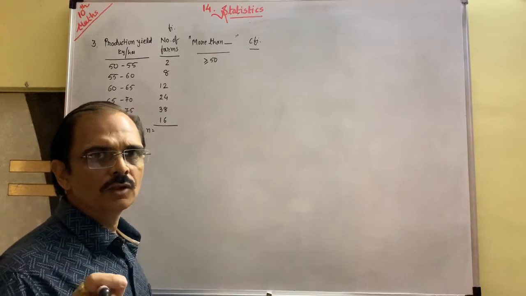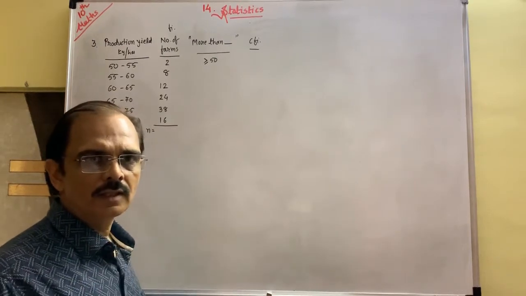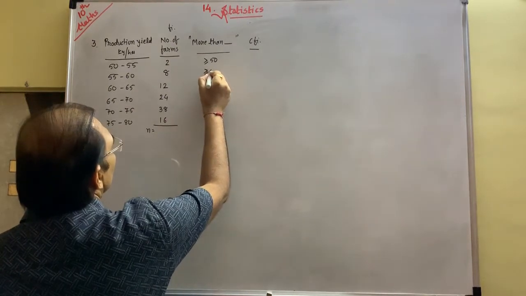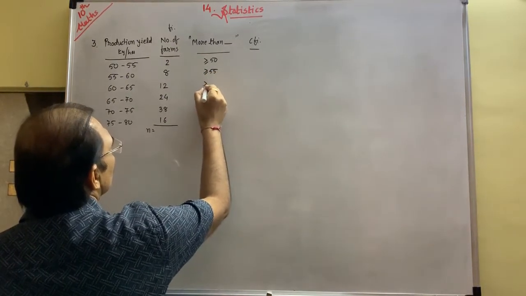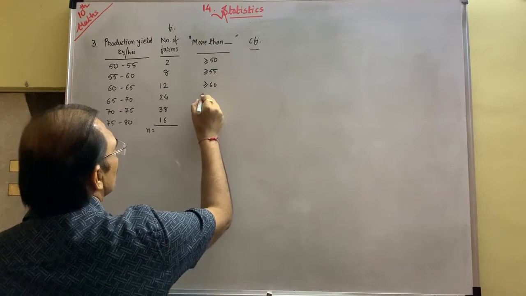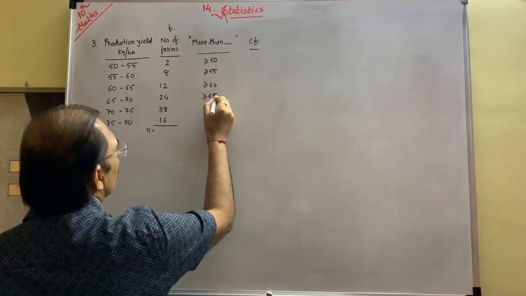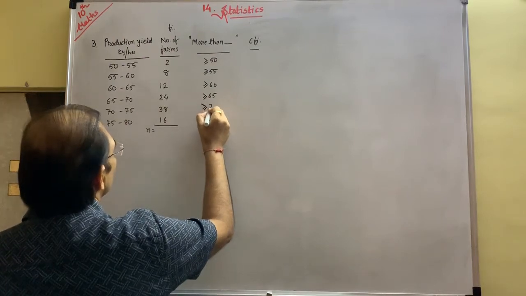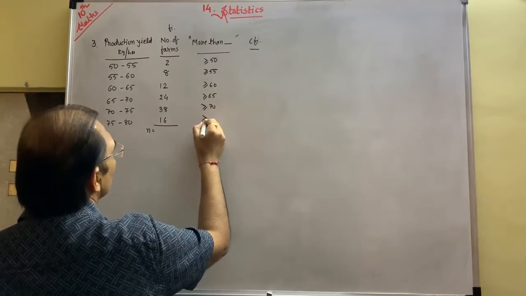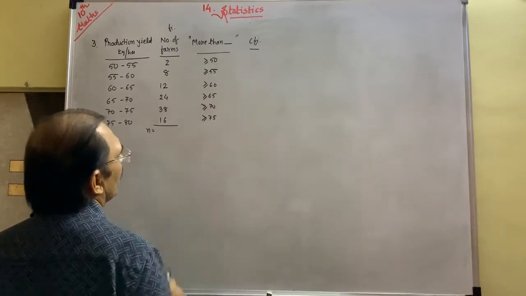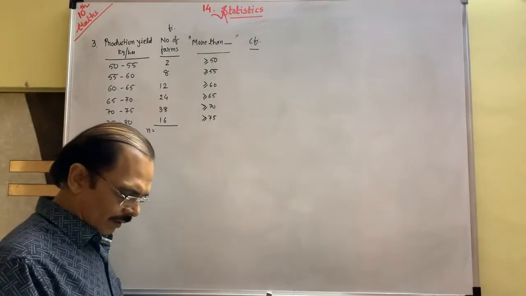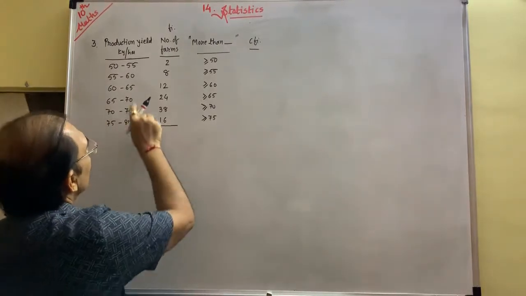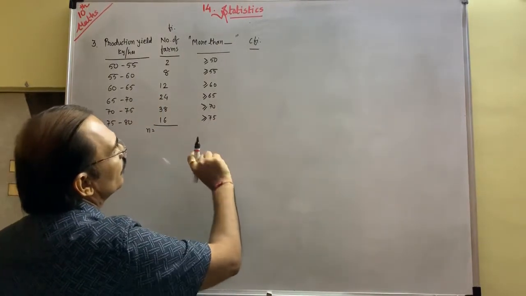Greater than or equal to 50 means 50 is included, and then greater than or equal to 55, 60, 65, 70, 75. Now greater than or equal to 75 and the gap is of 5, so up to 80.